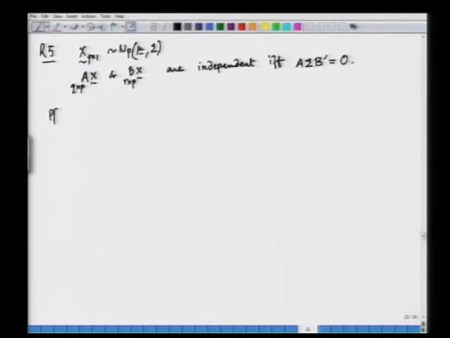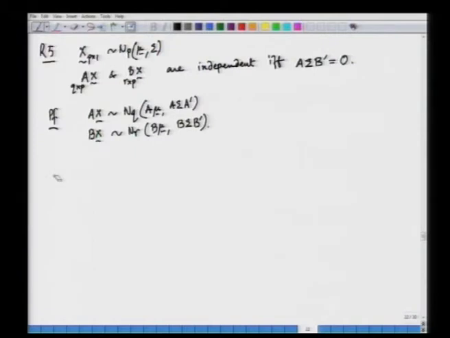Proof is really simple. We have already established these preliminary things. Ax is itself multivariate normal, q dimensional, with mean A mu and A sigma A transpose as the covariance matrix. Bx, the other linear form of X, is another multivariate normal with mean B mu and covariance B sigma B transpose.